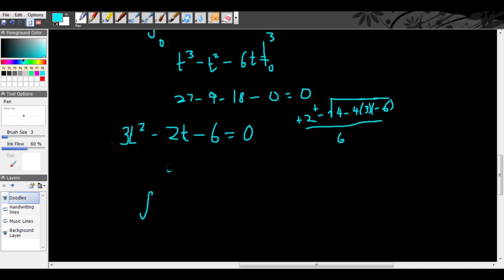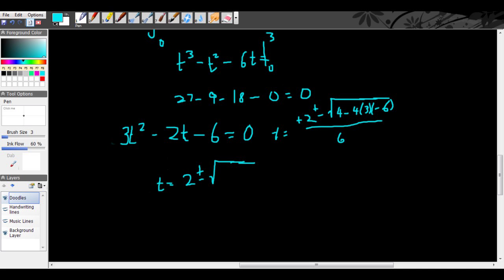So let's erase this. It's probably from an older problem. So t equals 2 plus or minus the square root. We're probably going to take the positive square root here. I have a feeling if we do the negative square root, we will get a negative number, which is outside the bounds of the problem.